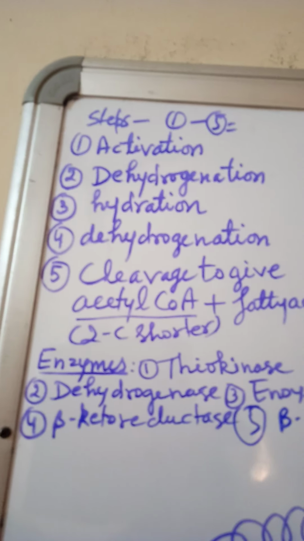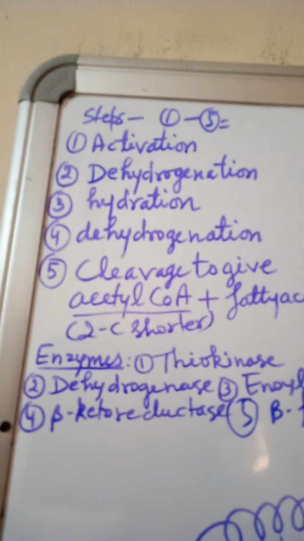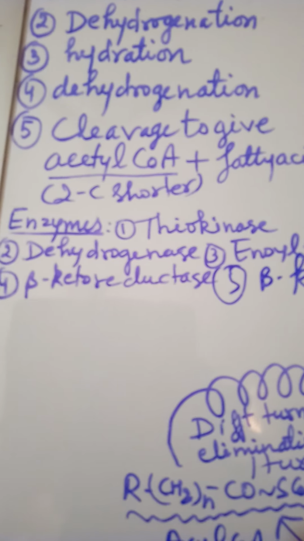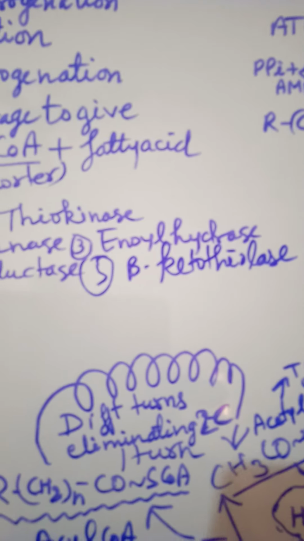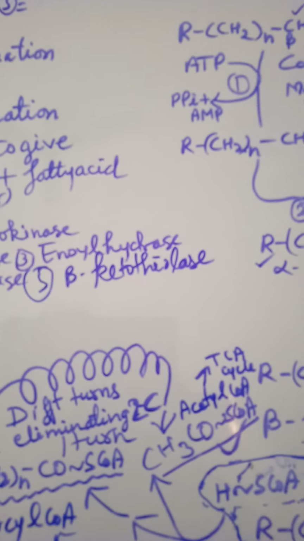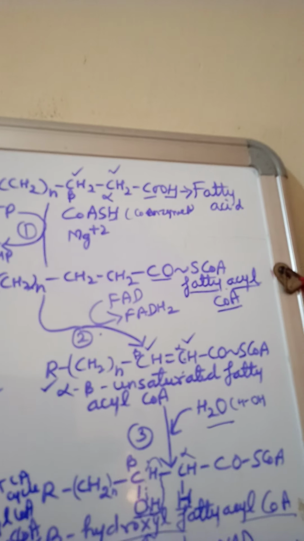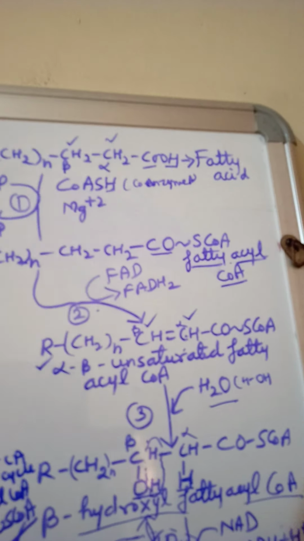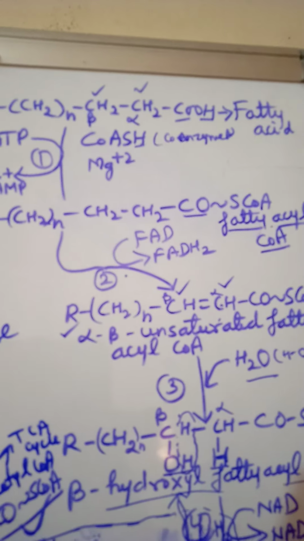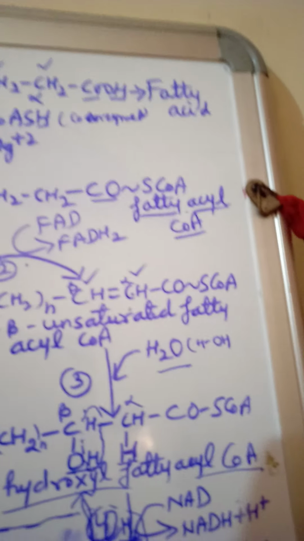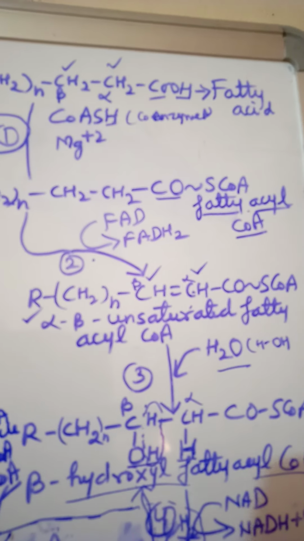So we have 5 different major steps: activation, dehydrogenation, hydration, dehydrogenation and cleavage, and the enzymes used for these steps are thiokinase, dehydrogenase, enoyl hydrase, beta keto reductase, and lastly beta ketothiolase. The fatty acid is first converted into fatty acyl coenzyme A, and this is converted into an alpha beta unsaturated fatty acyl coenzyme A derivative.